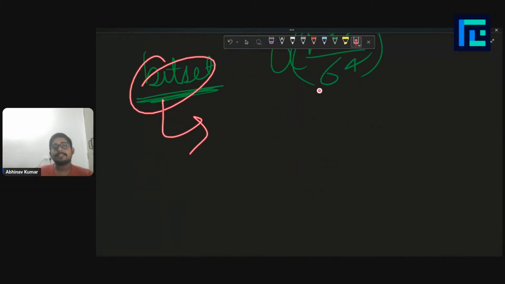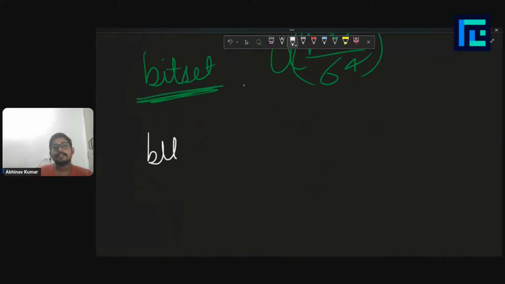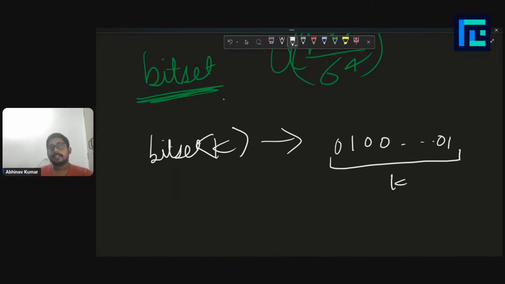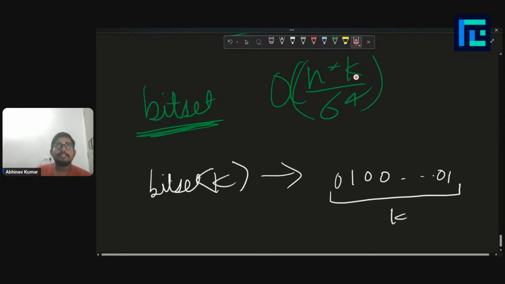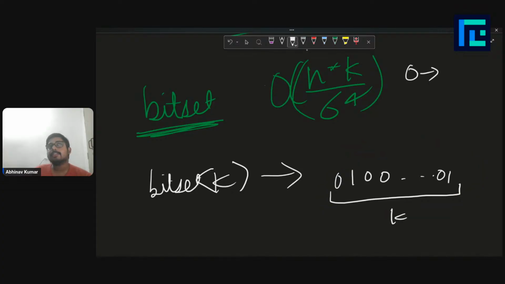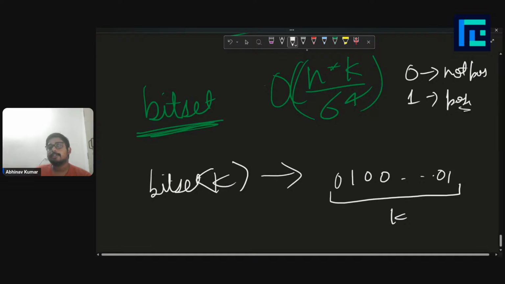A bitset is basically a data structure which stores a binary string. If you are declaring a bitset of size k, it would store a binary string of size k. Using a bitset, you denote a state where 0 denotes that this value is not possible to make, and 1 denotes that this value is possible to make.